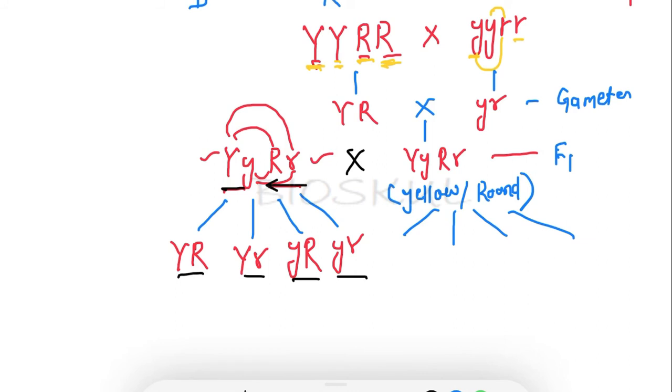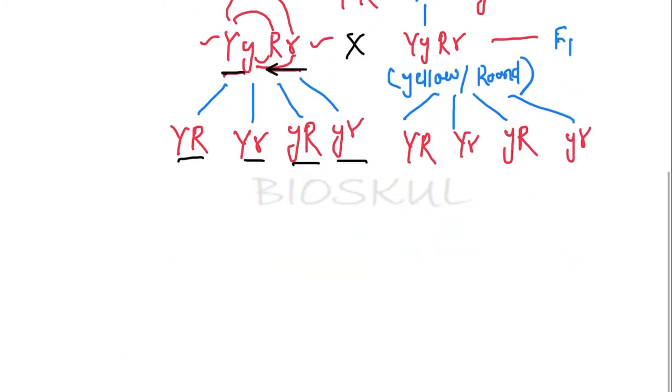Here also, during gamete formation, the genes arrange independently of each other. So we get the same capital Y capital R, capital Y small r, small y capital R, and small y small r. Let's do the cross.